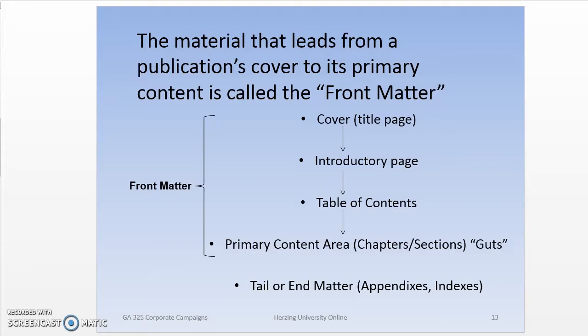This is named the tail or the end matter. The material that begins at the cover and leads to the primary section is called the front matter. In most cases, the front matter is most important, grabbing the audience's attention and leading them deeper into the publication's intended reading experience, 1 page at a time.